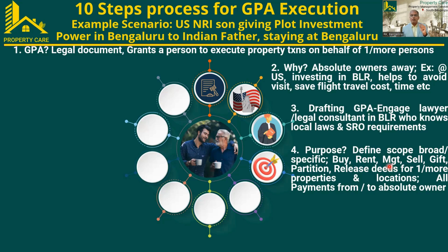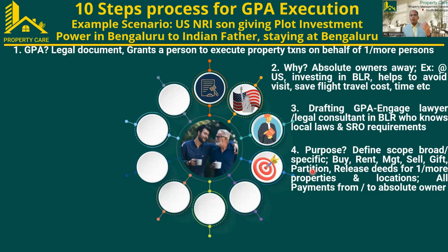So that is a kind of property renting, management, sale deed. And there is also the gift deed possible. Gifting father's property to son or any other blood relatives. A gift deed can be executed.